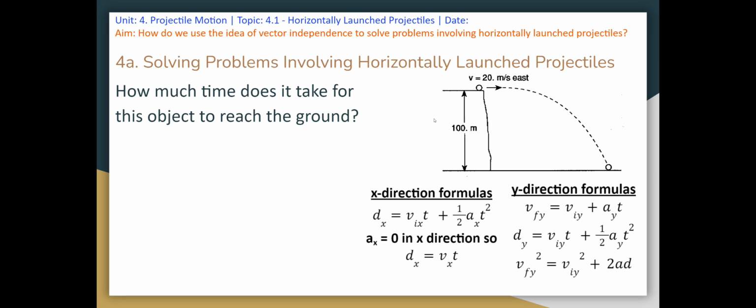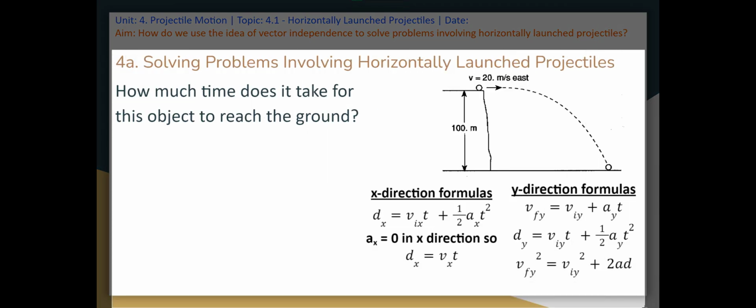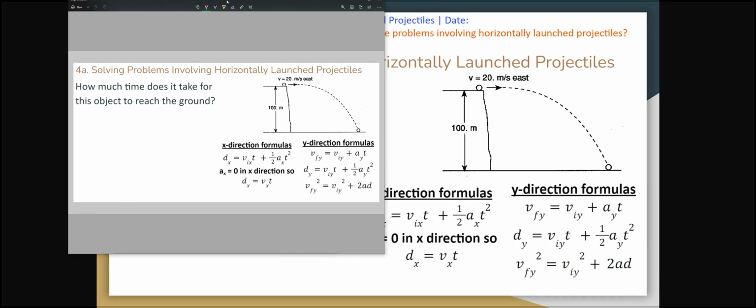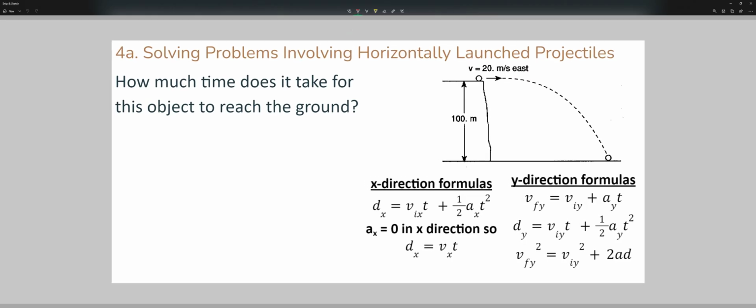4a. So let's do a practice problem. Really the first step here is we need to figure out our knowns. To figure out our knowns, we have to categorize them in either the x or y direction.